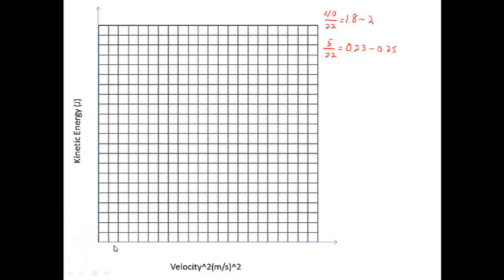It's every 5, so 2, 4, 6, 8, 10, 20, 30, 40. Now these are going up by quarters, 0.25. So 0.25, 0.5, 0.75, 1. So every 4, 1, 2, 3, 4, 5.